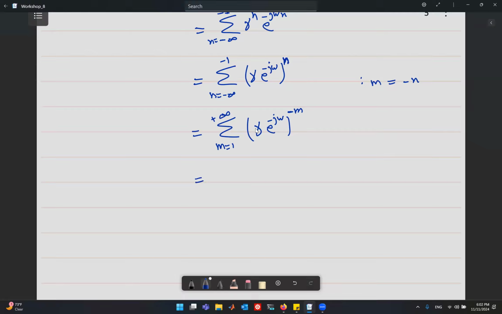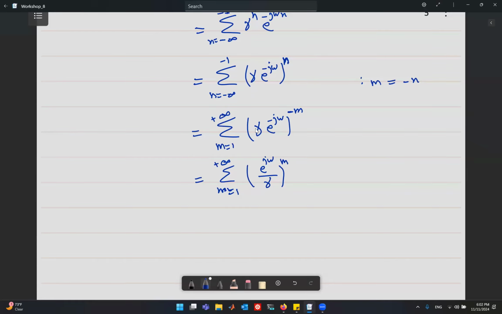So this will be written as m equals 1 to infinity of e to the j omega divided by gamma, to the power m.